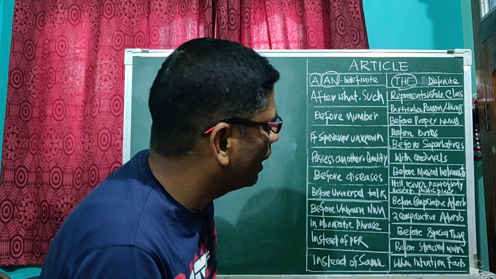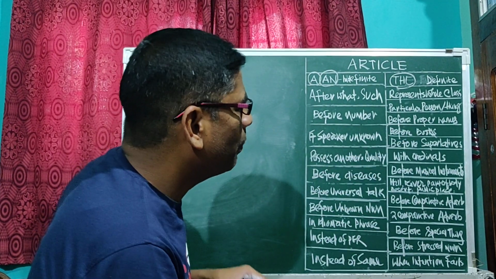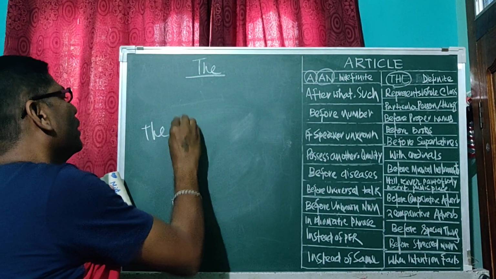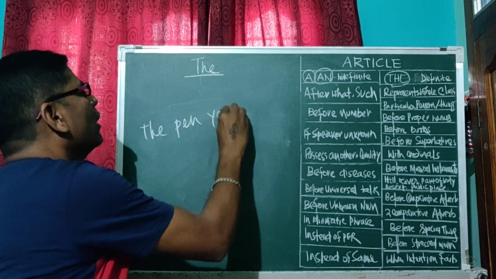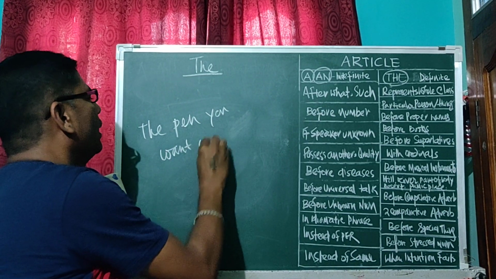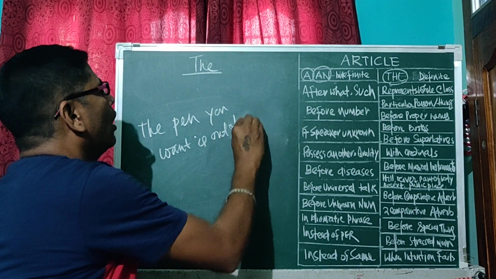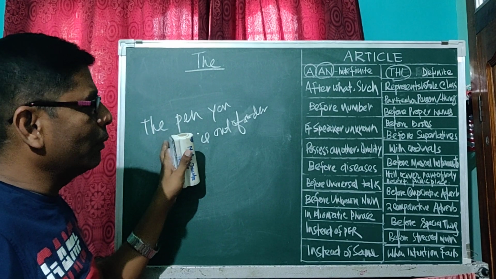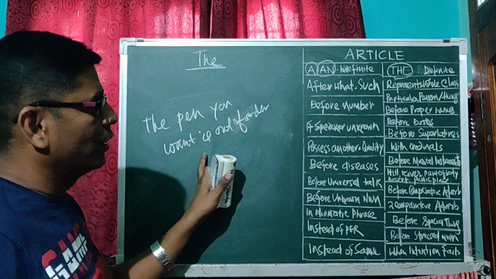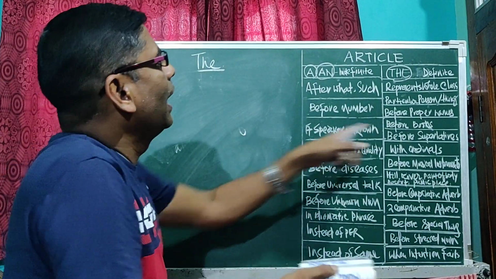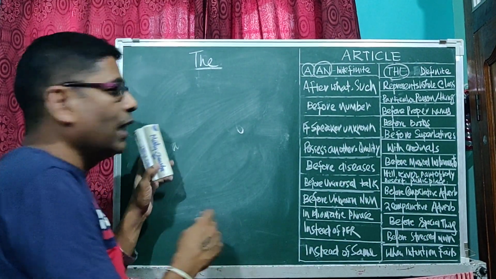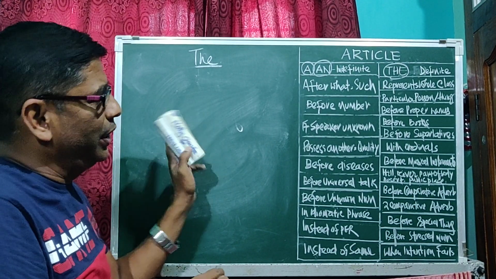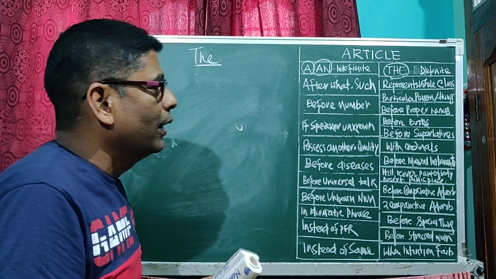The pen you want is out of order. This is a particular pen. Now, before books, the Ramayana, the Mahabharata, before holy books or books, we can use THE. Before superlatives.